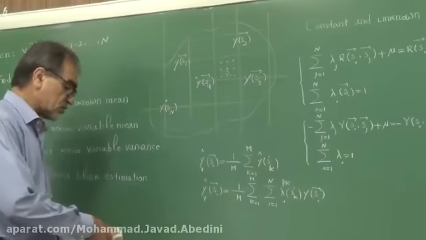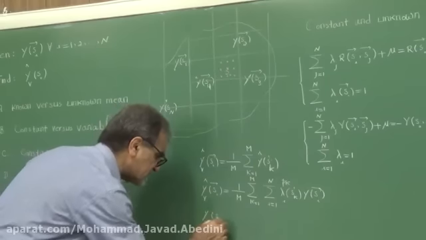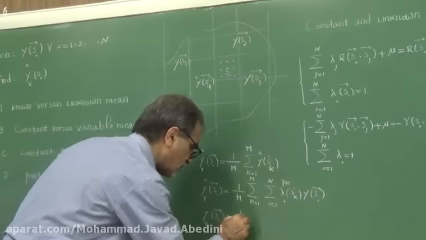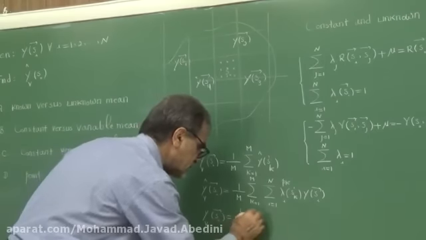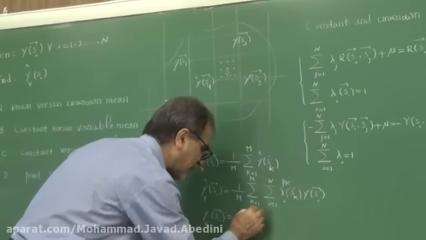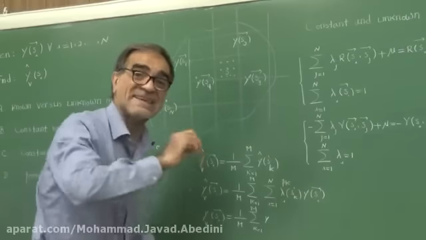Therefore, the true value of Y over block V index at S0 can be written as 1 over M summation K from 1 to M true value of Y at each point.